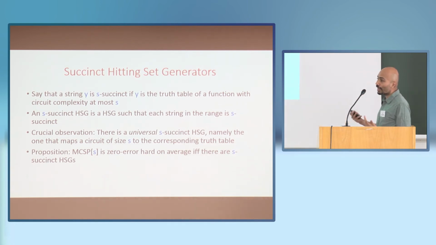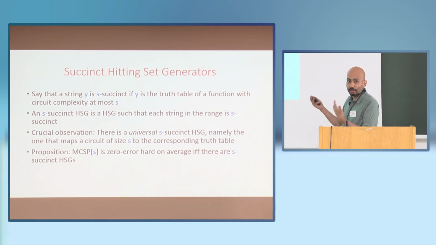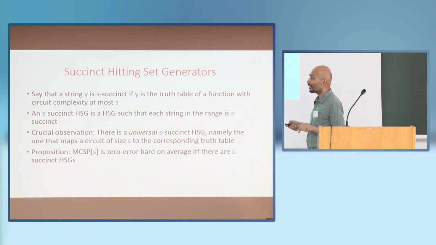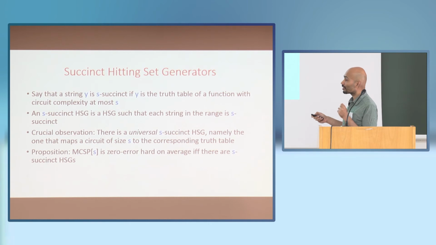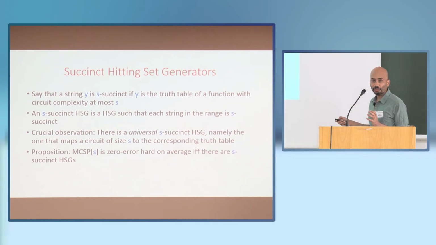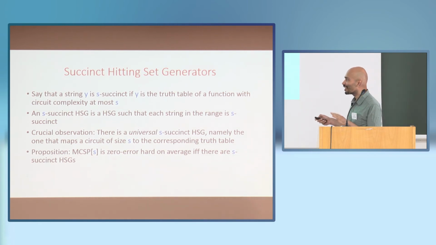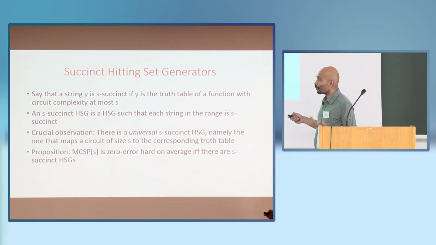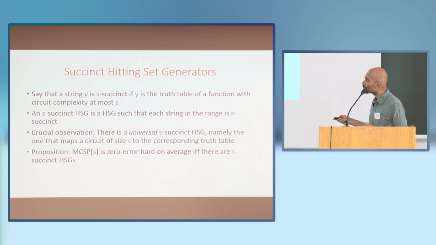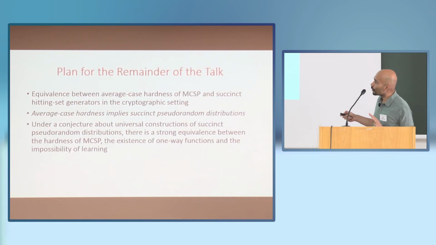But we don't have a good candidate, a good example of a hard function, something that corresponds to one-way functions in the Boolean setting. And there, what you really need is an S-succinct hitting set generator of a certain form, right? This connection between succinct hitting set generators and natural proofs carries over also to the algebraic setting, which might be interesting. Okay, so that's the first equivalence.